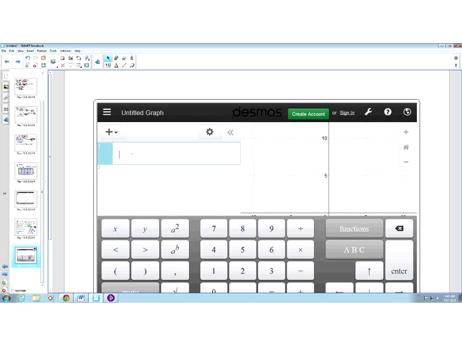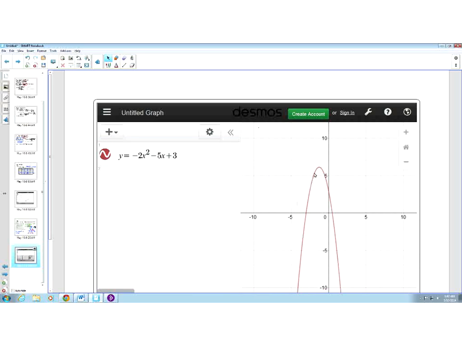So it's going to reload. I know how to stop it from reloading now. I need to pin it. Okay, so y is equal to negative 2x squared minus 5x plus 3. Okay, so here's our graph. There's our vertex. Here's one x-intercept right there, negative 3, 0.